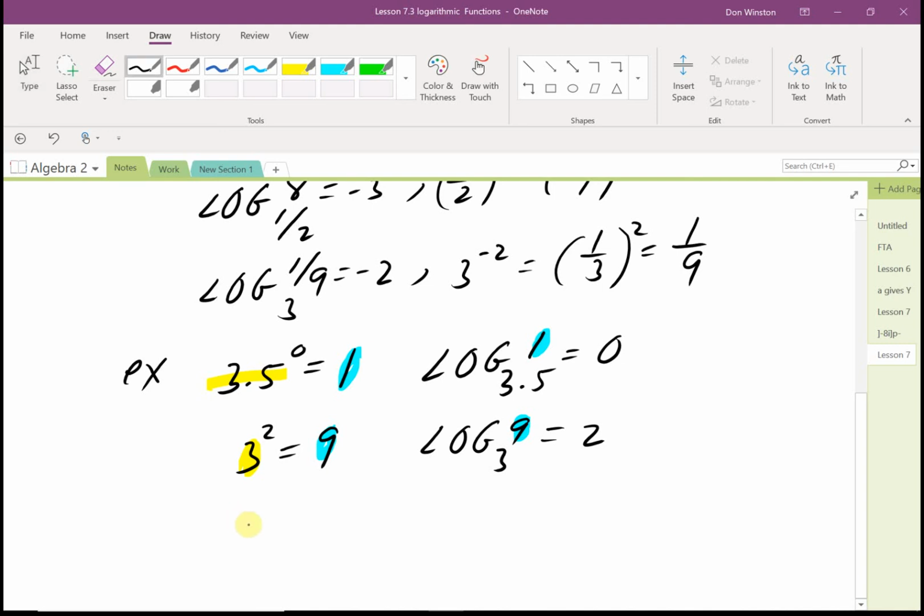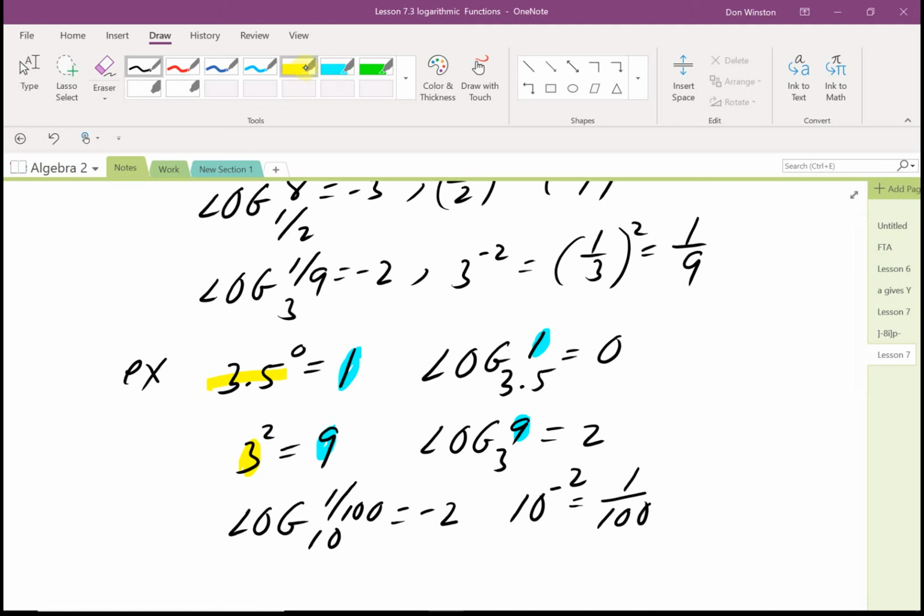Likewise, if I had log base 10 of 1 over 100 equals -2, the equivalent exponential function would be 10 raised to the -2 is equal to 1 over 100.